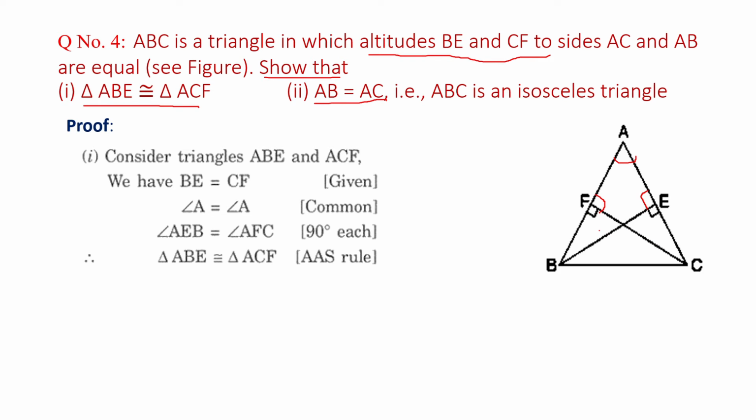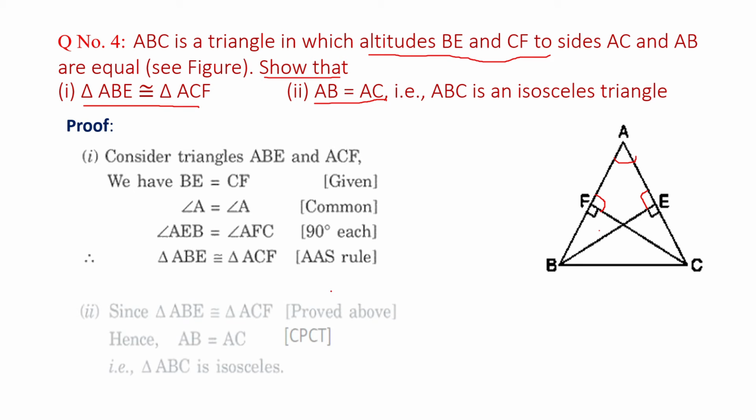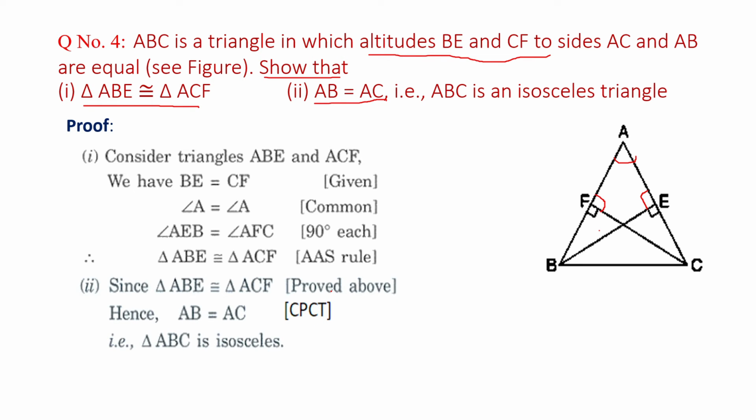So according to the AAS congruence rule, triangle ABE is congruent to triangle ACF. If these two triangles are congruent, AB is equal to AC by CPCT. If AB is equal to AC, then the triangle is isosceles, which we have to prove in the second part.